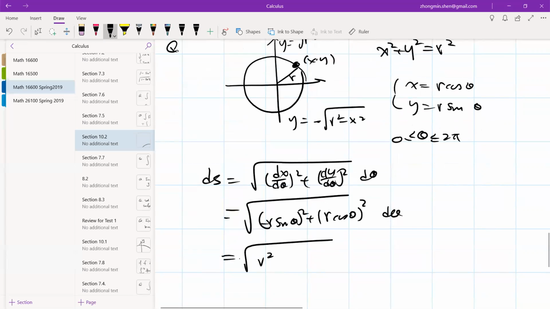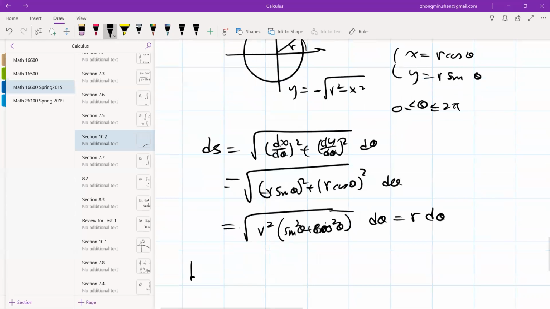Everybody knows that sine squared plus cosine squared equals 1. So it's just r d theta. R is independent of theta. So the length of the circle from 0 to 2 pi is the integral of r d theta, and r is constant. The integral from 0 to 2 pi is just 2 pi. So you get 2 pi r.